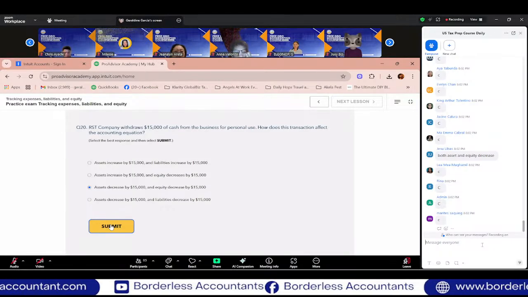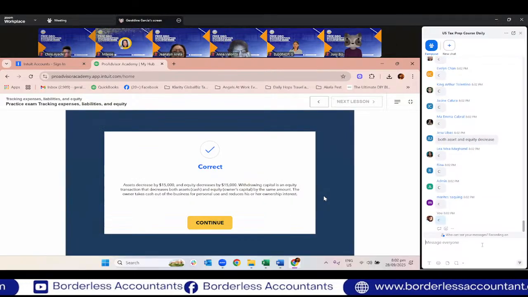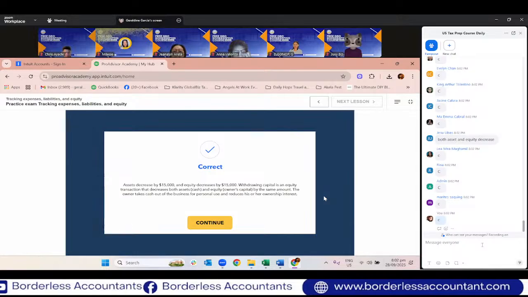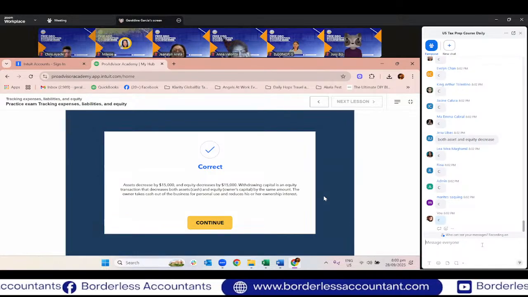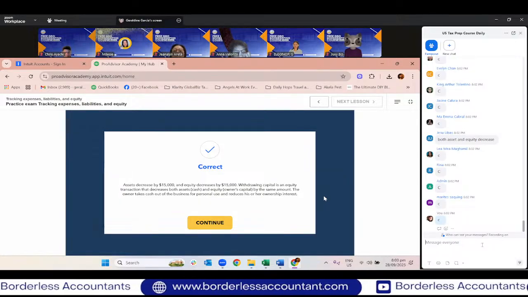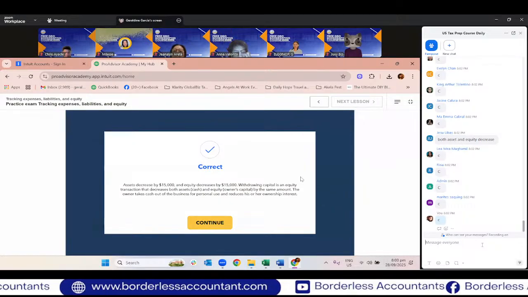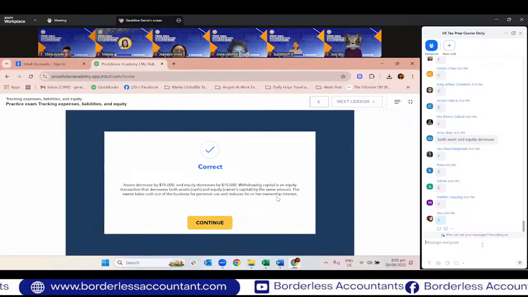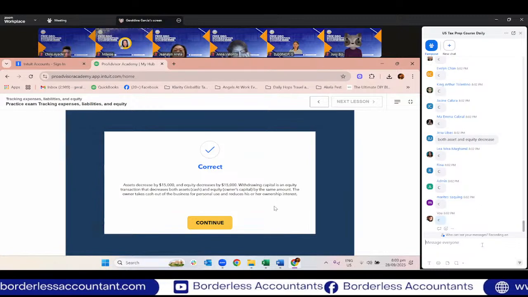So let's submit. Okay, correct. Assets decreased by 15,000 and equity decreases by 15,000. Withdrawing capital is an equity transaction that decreases both assets, which is cash, and equity, owner's capital, by the same amount. The owner takes cash out of the business for personal use and reduces his or her ownership interest.